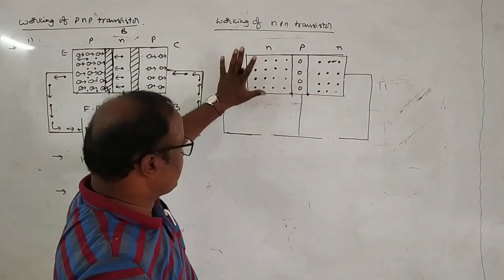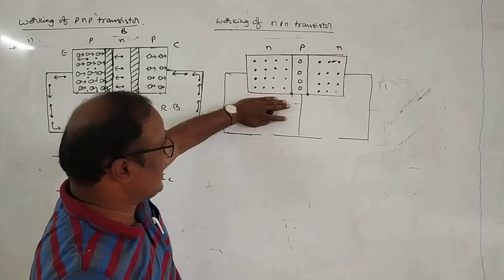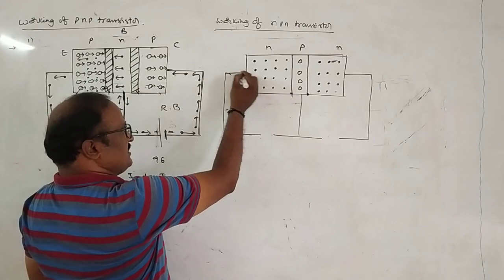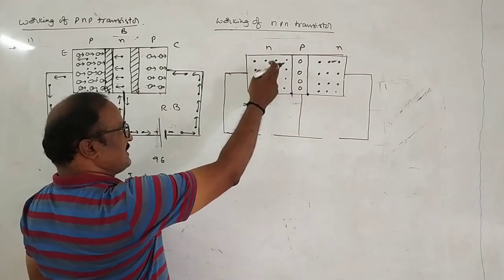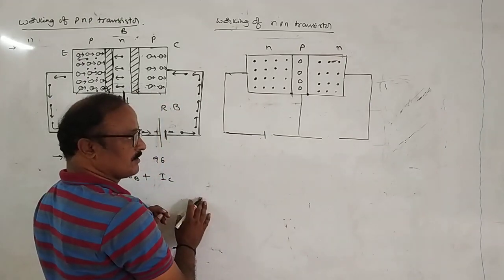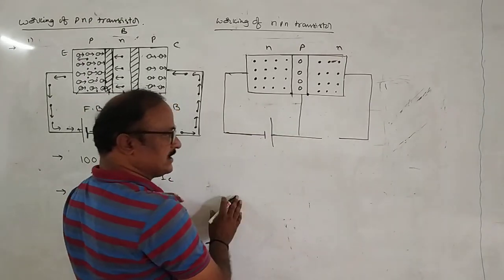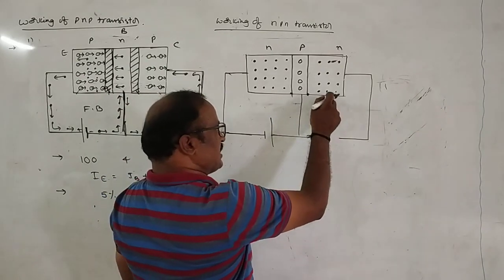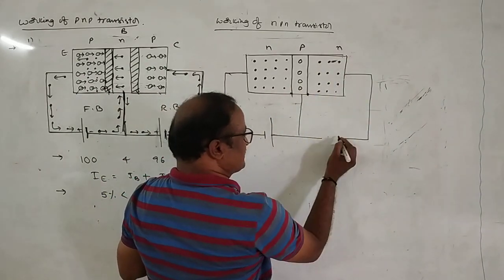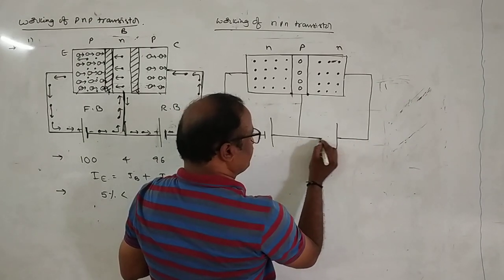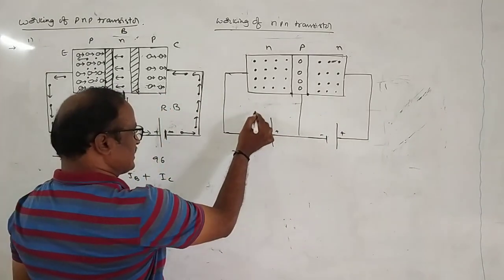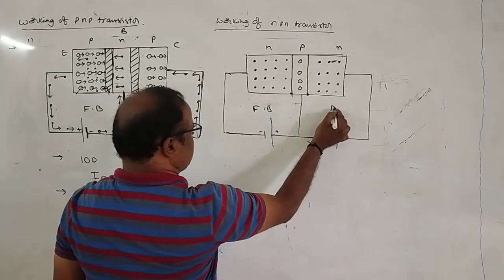For the working of the transistor, the emitter diode must be in forward bias. Forward bias means the n-type material must be connected to the negative polarity of the battery. The remaining one is p-type. It is the collector base diode. This must be in reverse bias, meaning n-type is connected to positive polarity and p-type is connected to negative. So that this is in forward bias and this is in reverse bias.